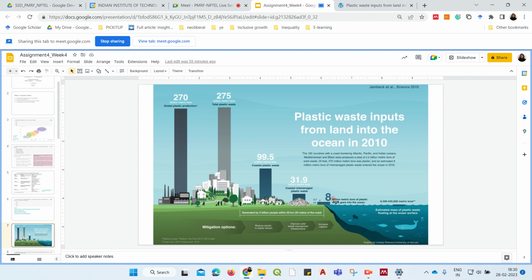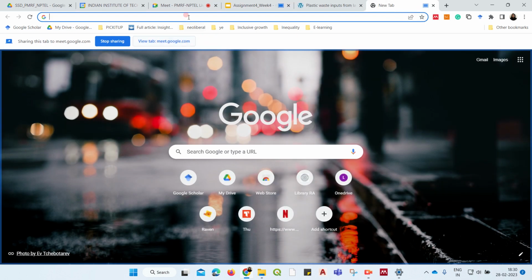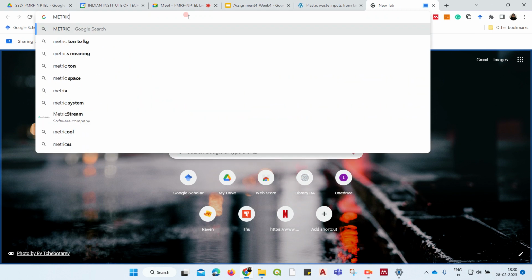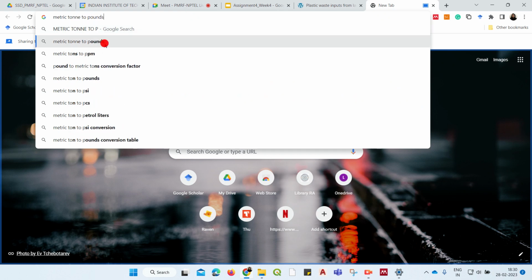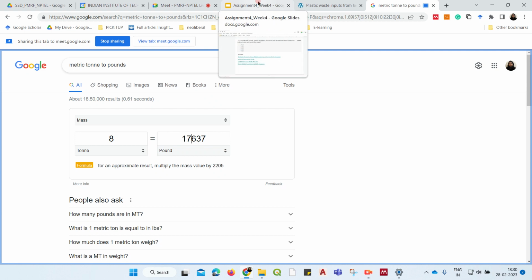So see here that this figure is given in million metric tons. However, you are being asked in billion pounds. So a simple thing you can do here is convert metric ton to pound. So 8 metric tons will be a little over 17,000 pounds.